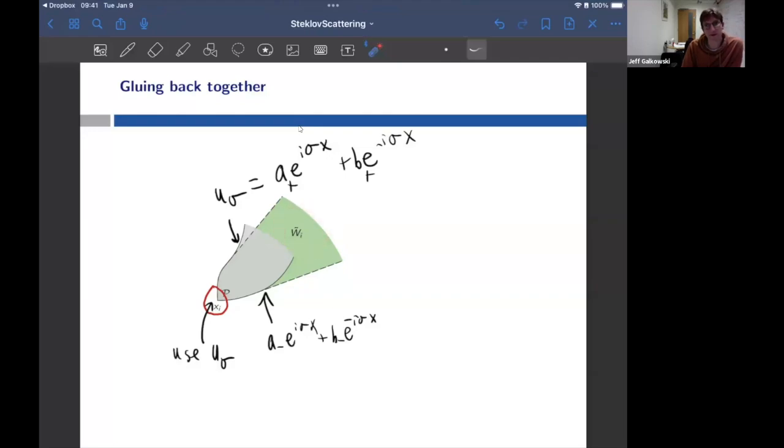And if you do, you can use the resolvent to see that these have to be related by the scattering matrix. The key thing is you know a priori that your U near a smooth part of the domain looks like this. I'm lying to you, of course, because there's an error, but I don't want to talk about it.